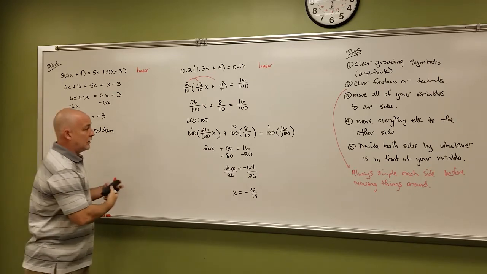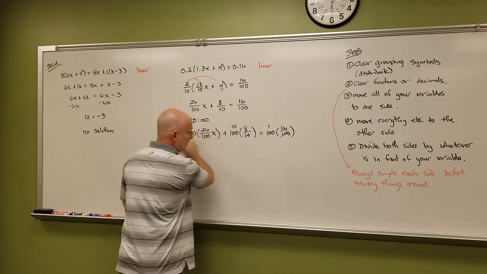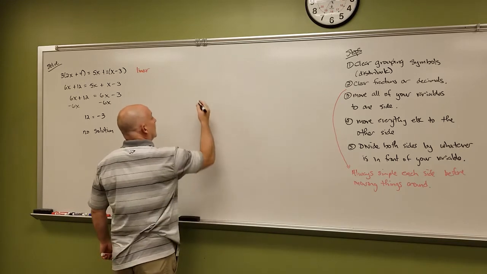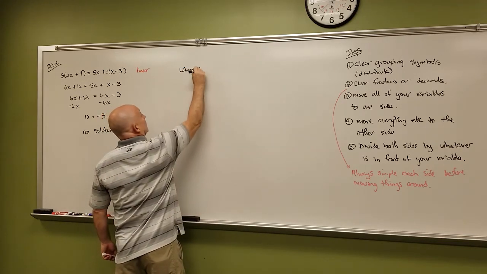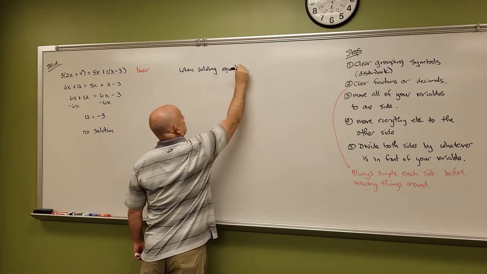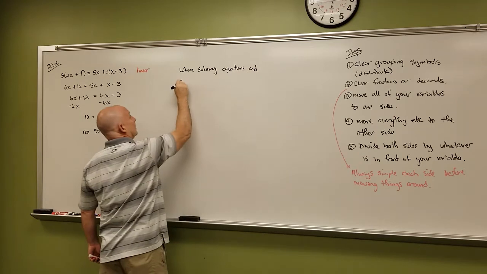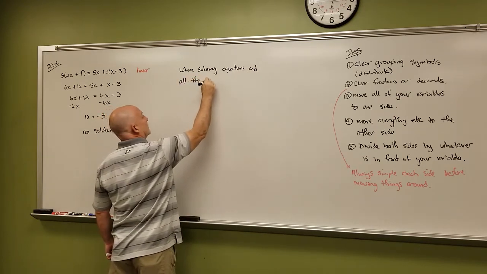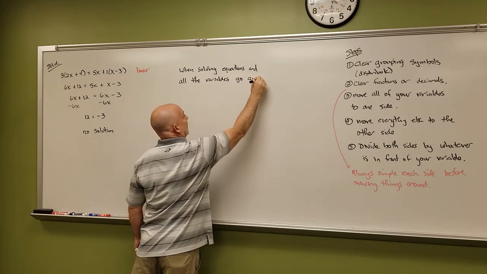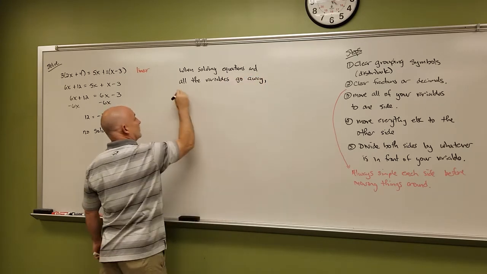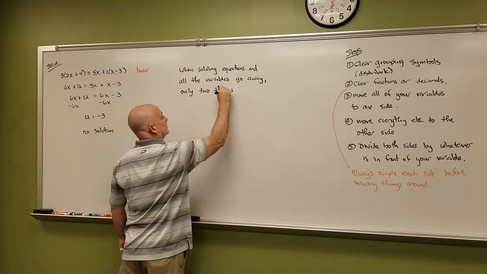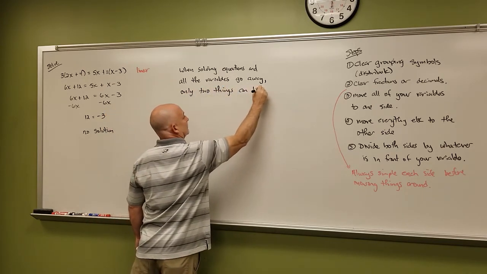Now, I'm putting this back the way that it was. And let me give you a very important sentence for us to remember. When you're solving equations and all the variables, let's just say, go away or cancel out, only two things can happen.